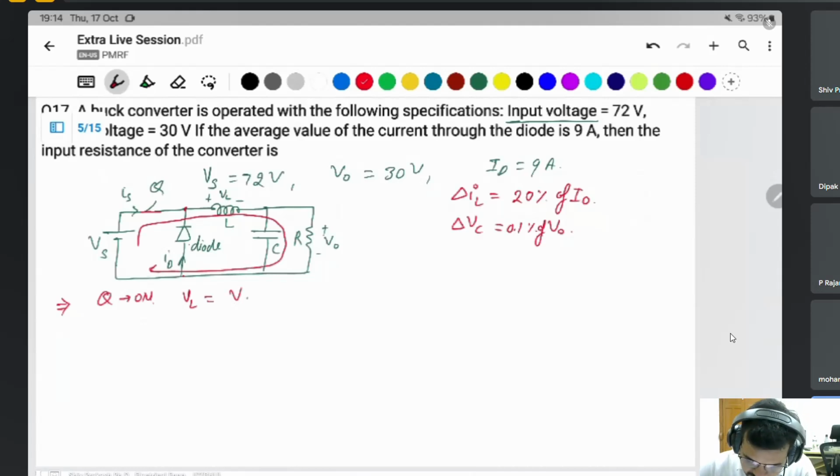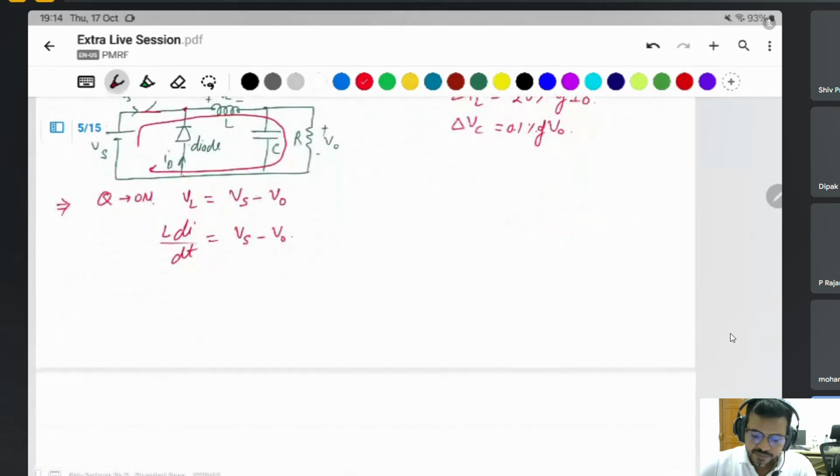VL is equal to Vs minus V naught, and the inductor voltage is L di by dt, so L di by dt is Vs minus V naught. If you want to calculate the inductor current, then di by dt is equal to (Vs minus V naught) divided by L.